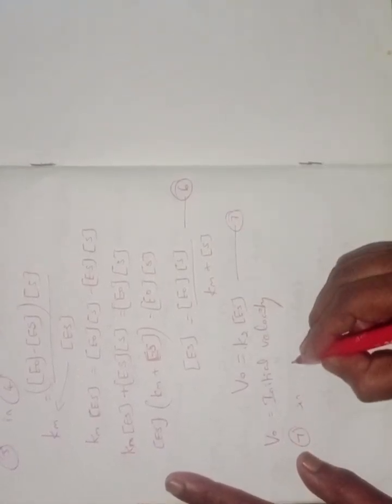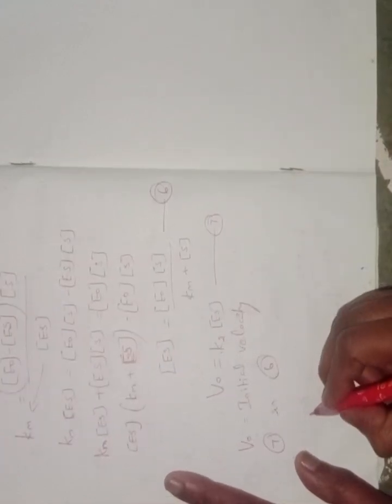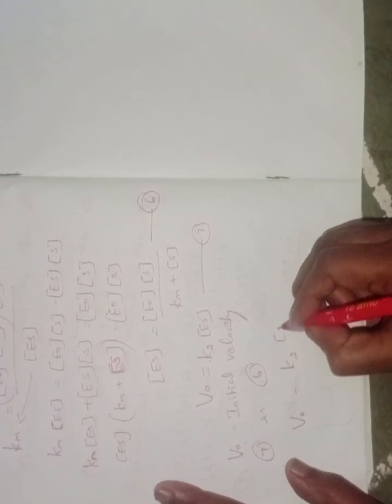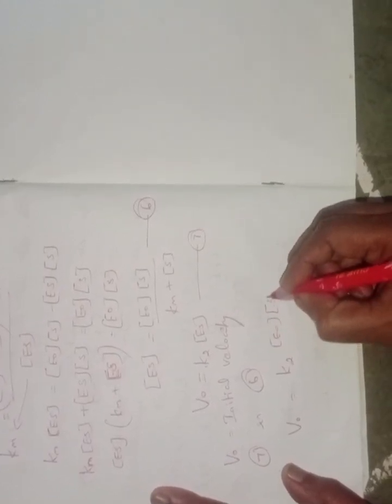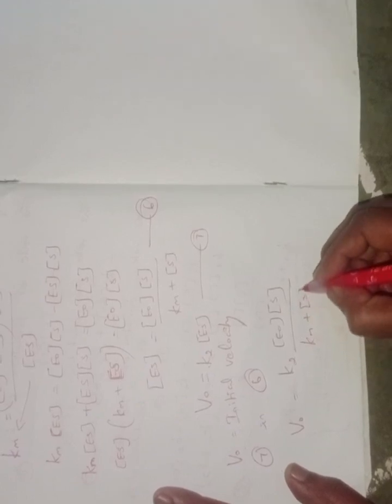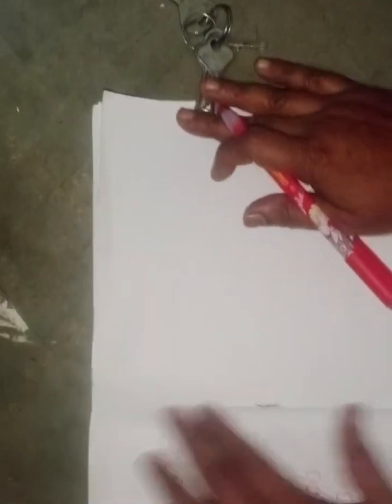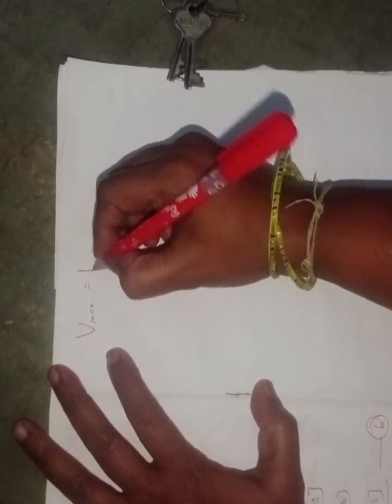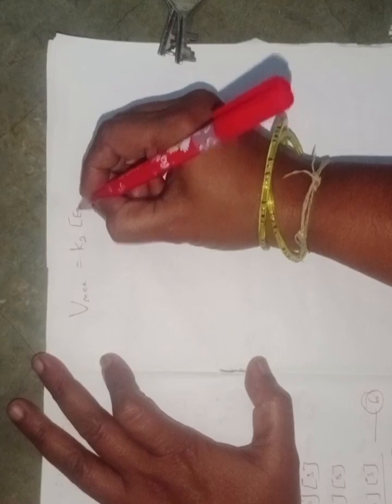This is the seventh one. Substituting in the sixth equation, V naught equals K2 E0 S divided by Km plus S. The maximum velocity is always equal to K2 E0.